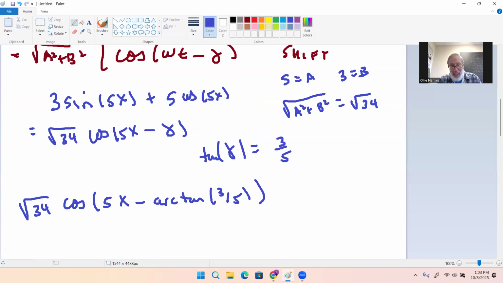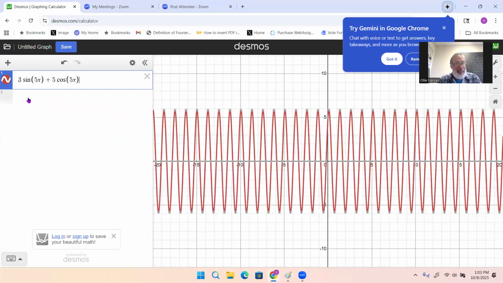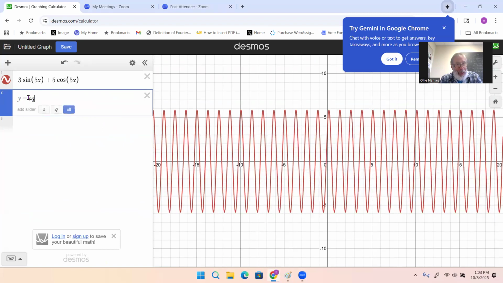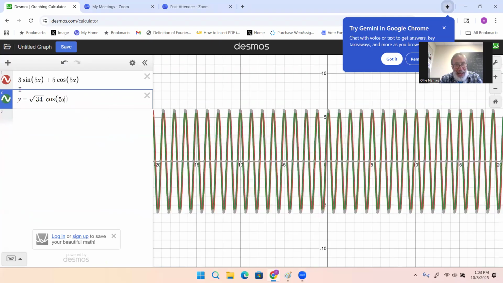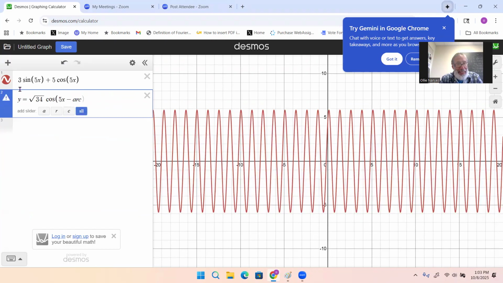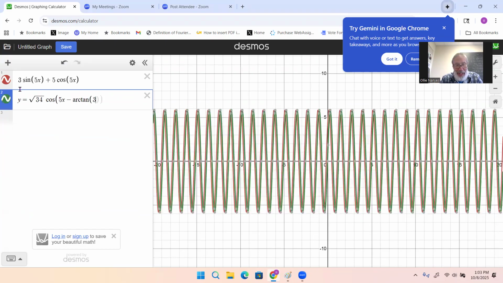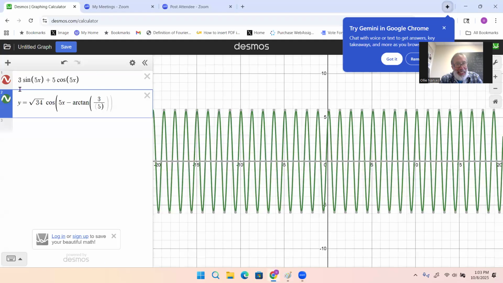Let's take a look: y equals square root of 34 cosine of 5x minus arctan of 3 over 5.